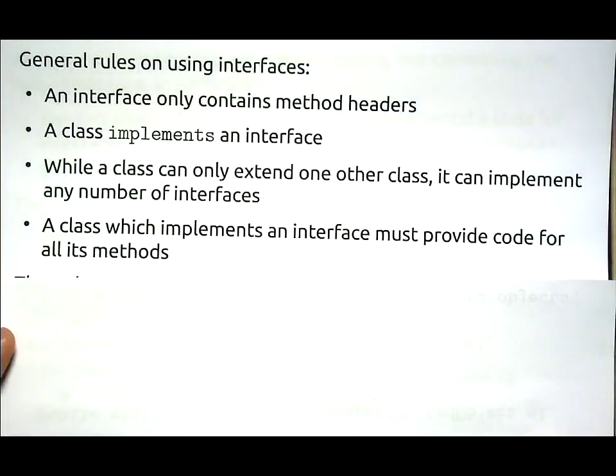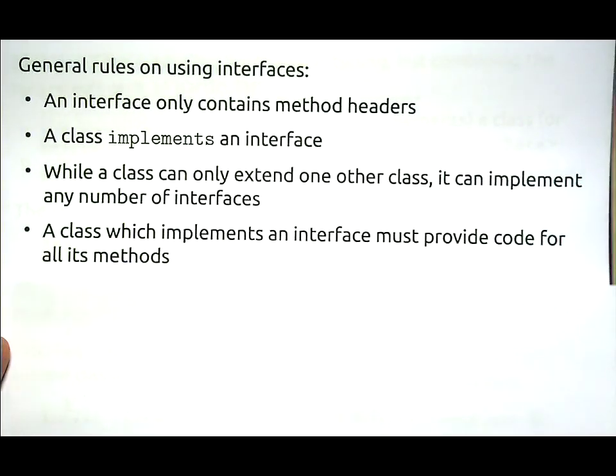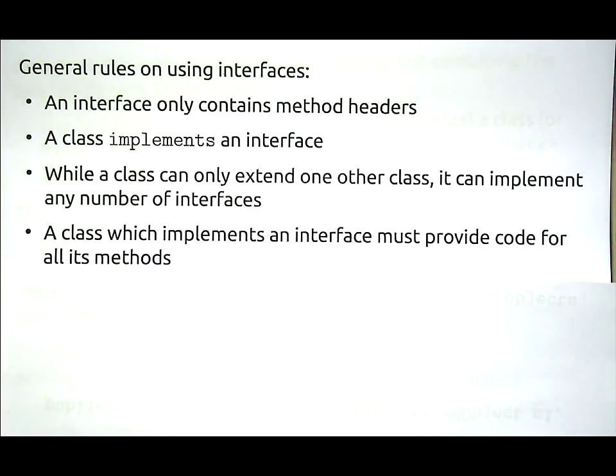So what are the basic rules for using interfaces? We already said an interface only contains method headers, and then a class implements an interface and gives the body, or implementation, of these methods. While in Java a class can only extend one other class, it can implement any number of interfaces. Since interfaces don't have code for the methods, you can implement different interfaces with the same methods, and that is fine because there's no clash.